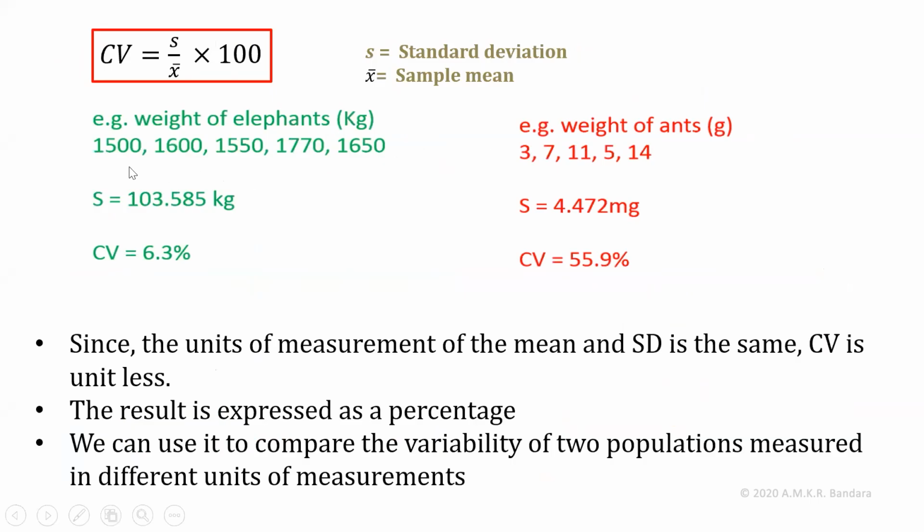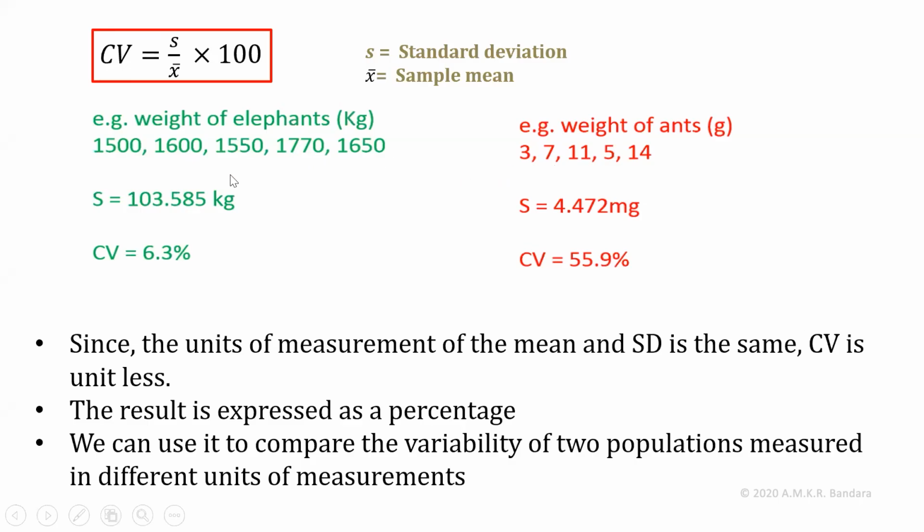Here we can see measurements from elephants are in kilograms, corresponding to 1500, 1600, like weights in the thousands. In the ant population, the weights are in grams: 3 grams, 7 grams, 11 grams, 5 grams, 14 grams, likewise.